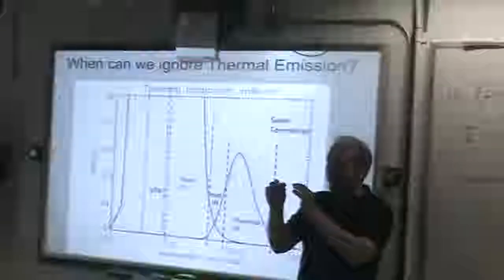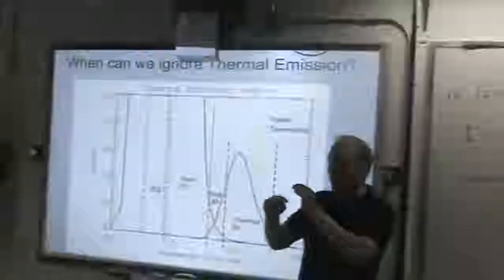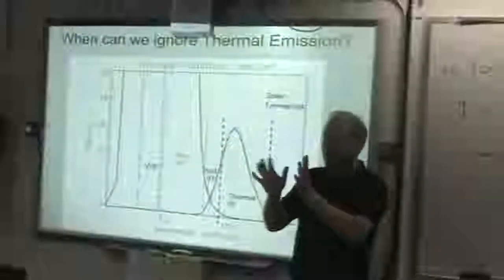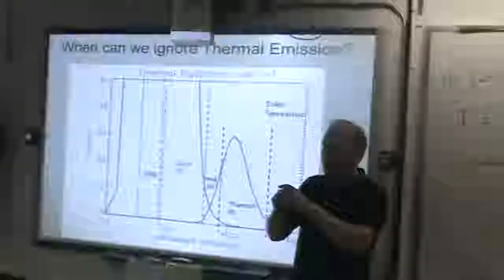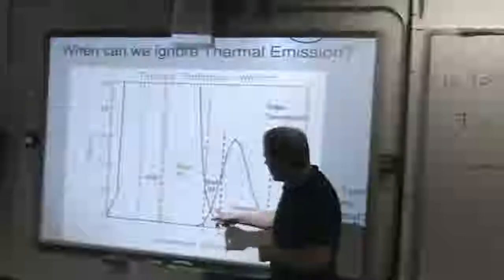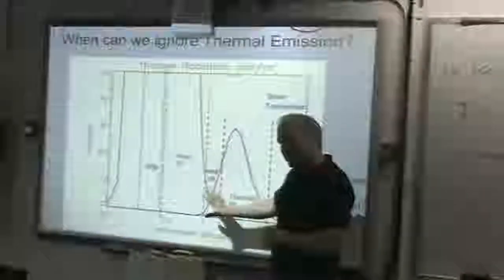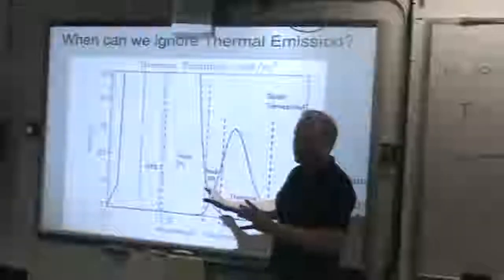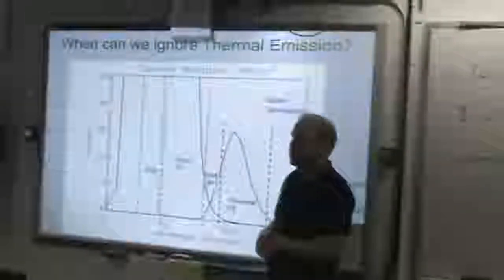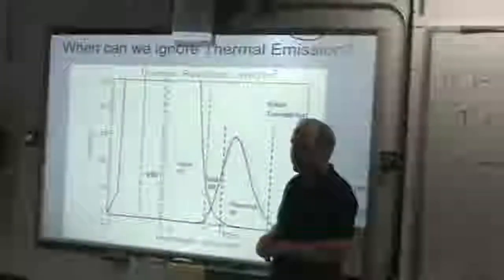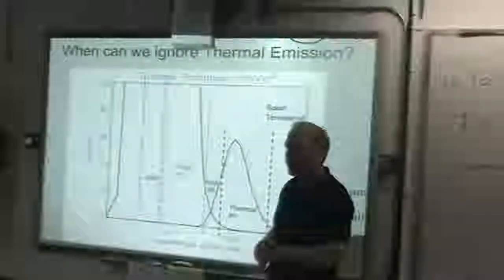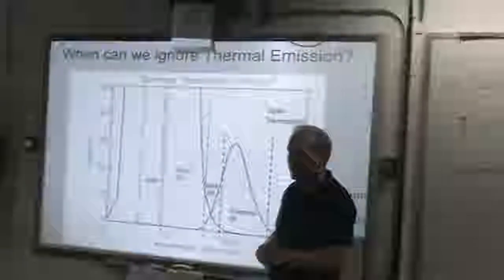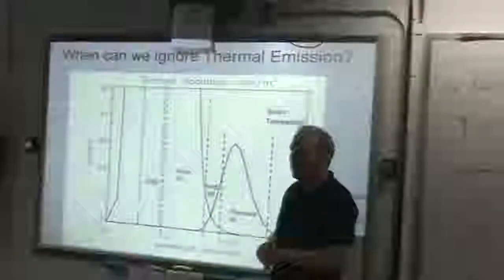However, if you have a thin cloud, you may not know how much the cloud is emitting versus how much is coming through from underneath. It becomes more complicated. So if you're working in this crossover region, you have to make sure that you really do know the temperature and that things are optically thick.